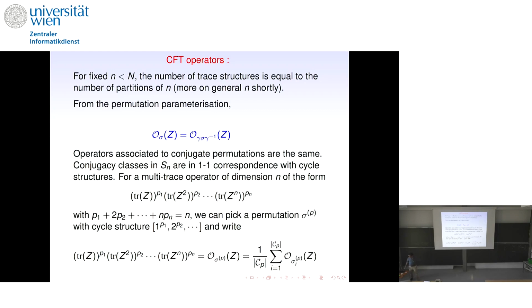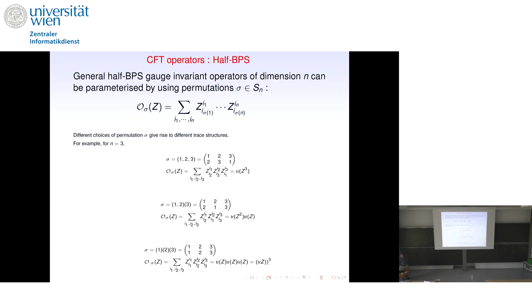And that's kind of obvious because it's just a kind of playing around with relabeling indices and using the bosonic property of the Zs. That equation can be derived, but also you kind of expect this because with 3 Zs, there are only 3 operators you can build, but there are 6 permutations.